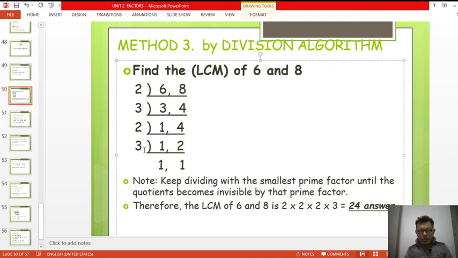So this is not 3. Again, 2 divided by 2. It's the same thing. Because remember, multiplication has what we call the commutative property.